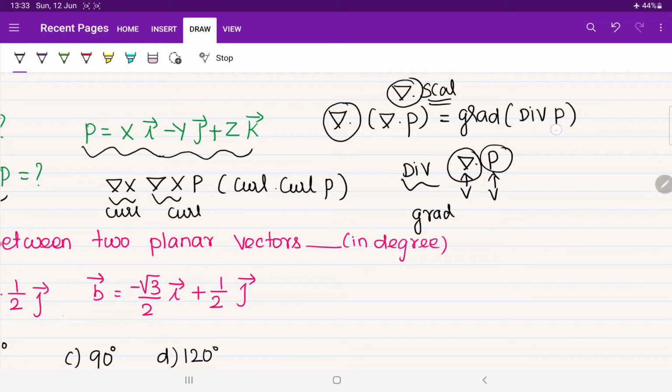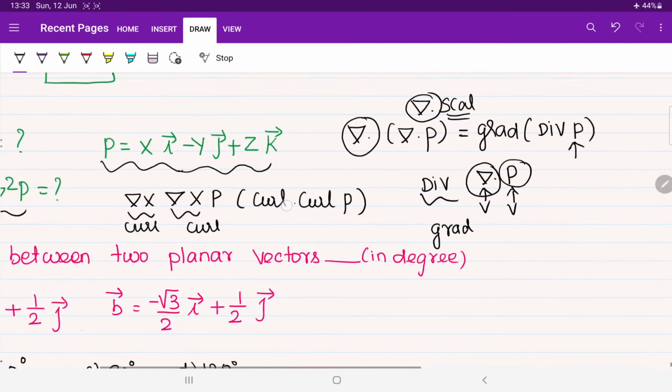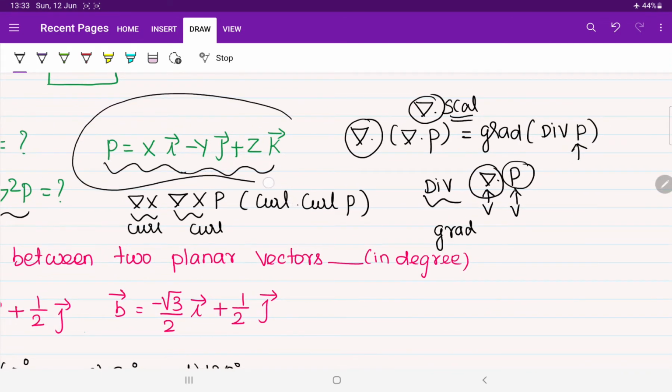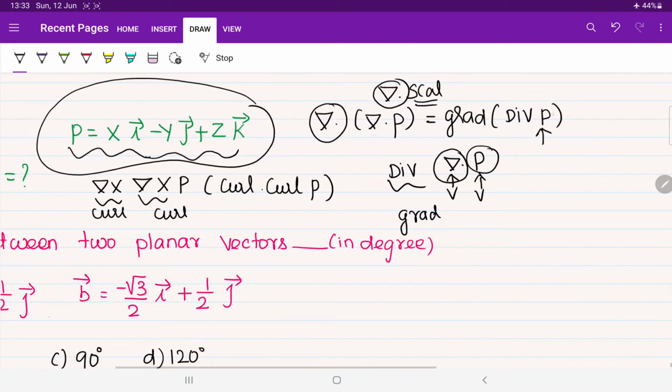Now if you observe, in the question P is a vector field. So we have del dot a vector field, that's why here we are writing divergence. Always del is a vector. Now vector dot vector, what will happen? Del is a vector, P is also a vector. The dot product of two vectors, the resultant will become a scalar.